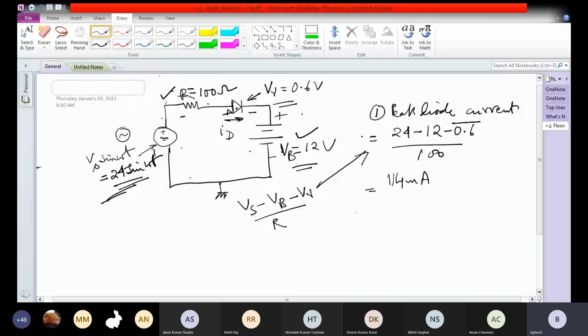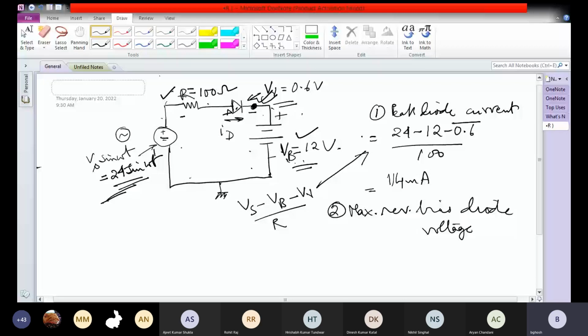Now, second, the maximum reverse bias diode voltage. What will it be? For the reverse bias, no current is conducting, so there is no drop across this resistance.